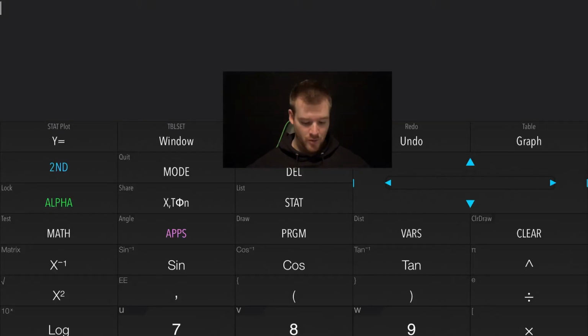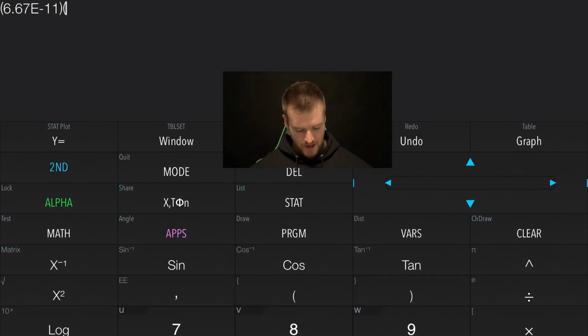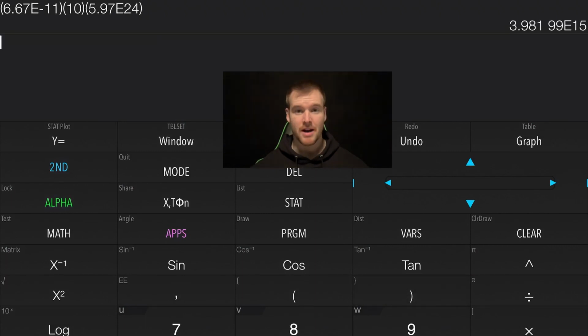So here in the calculator, we have 6.67 times 10 to the negative 11, times that by 10 kilograms, times that by 5.97 times 10 to the 24. And I hit enter to get my number for the numerator. Then I'm going to divide by, this is kind of trickier here. I'm going to need to use a lot of brackets.